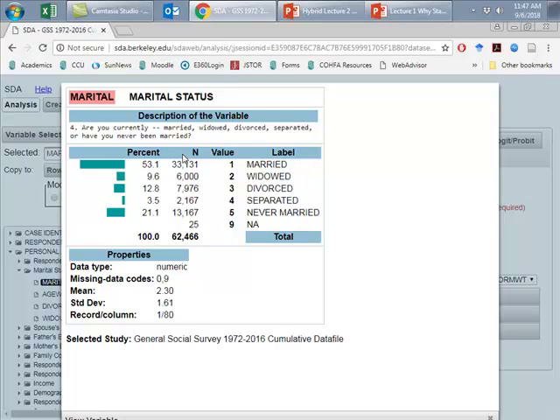Instead, we create a frequency distribution table, and we can see that most people in this survey are married. And then you have 21% that have never been married, single, or widowed, divorced, or separated. Okay.